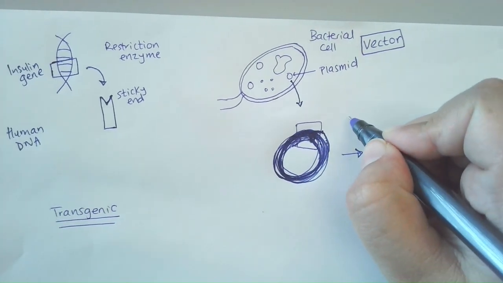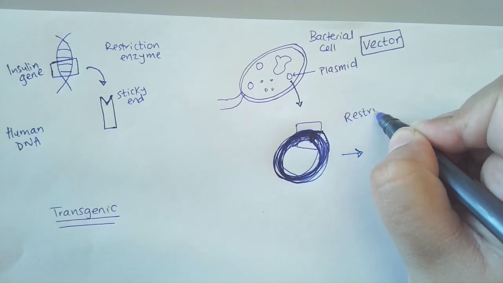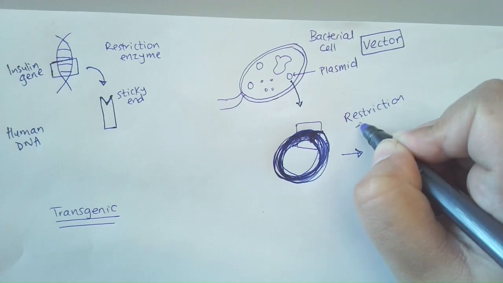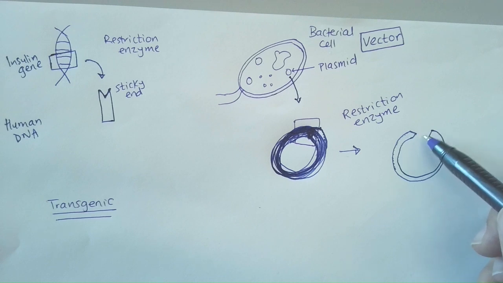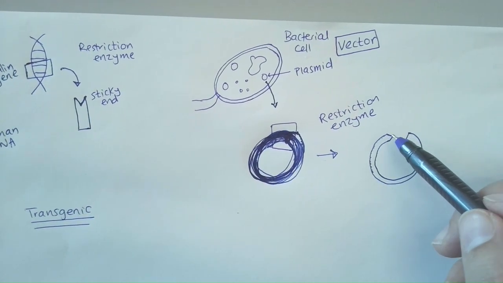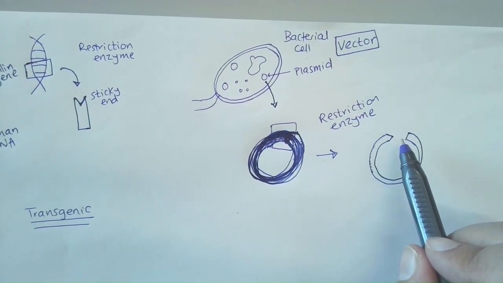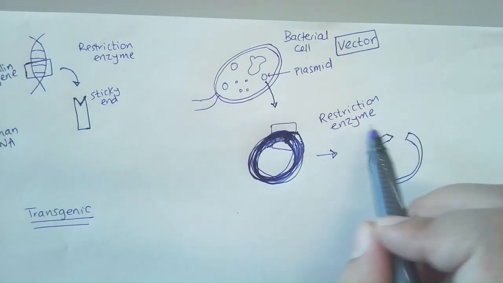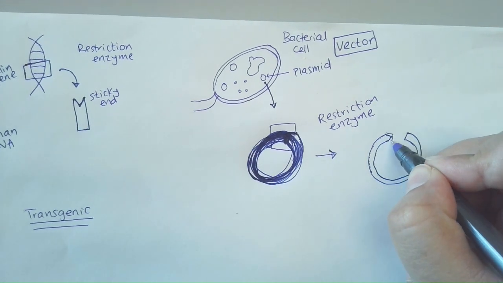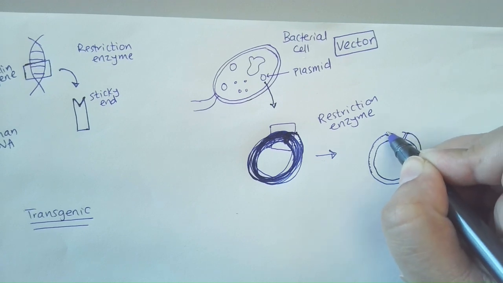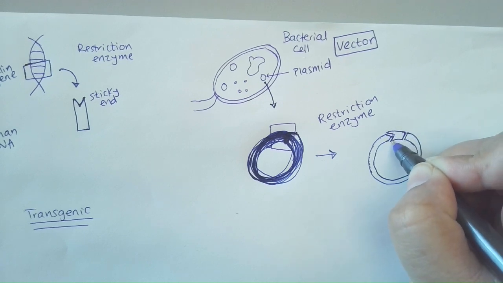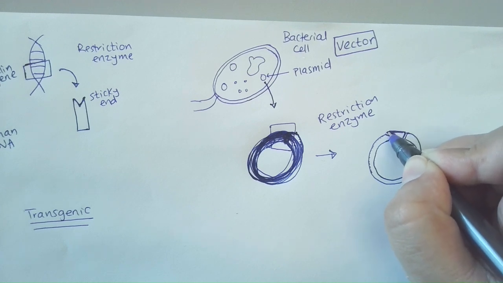And we're going to cut it out with the same restriction enzyme that we used previously. What this will do is it will mean that the empty space you get in this plasmid after cutting it out will be complementary to this sticky end. It will match up nicely. You see how this shape fits the human insulin gene that we cut out previously? Sorry, my drawing leaves a lot to be desired, but you see how those two shapes fit nicely together?